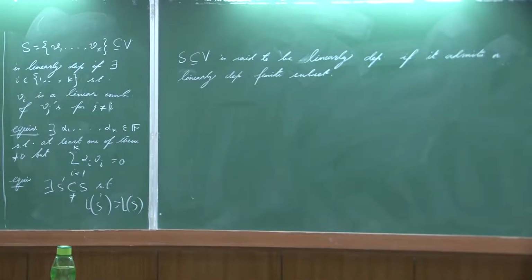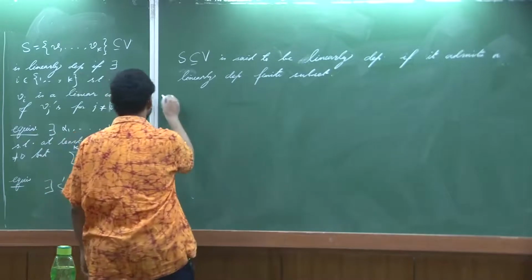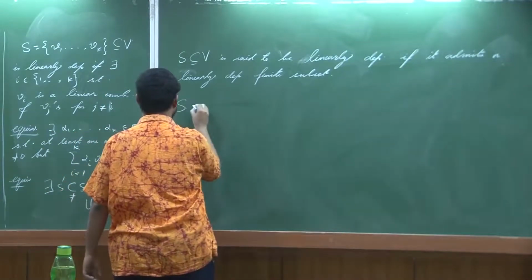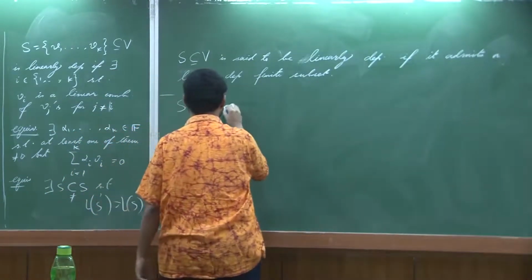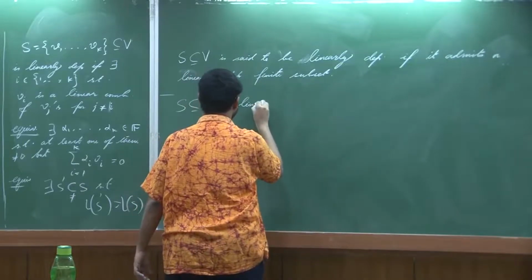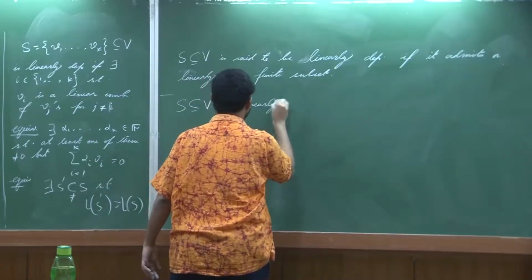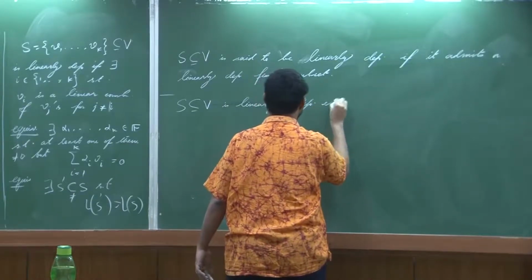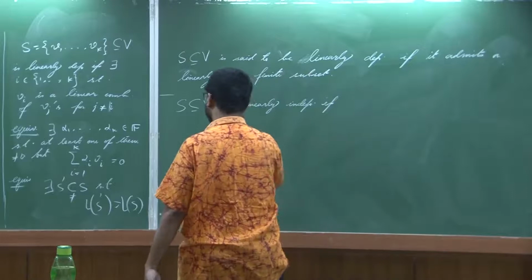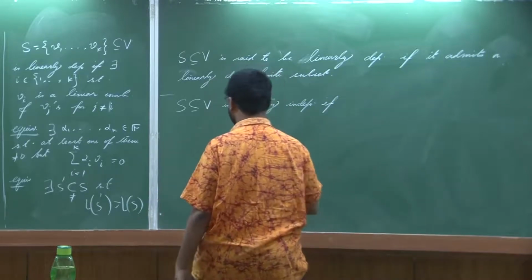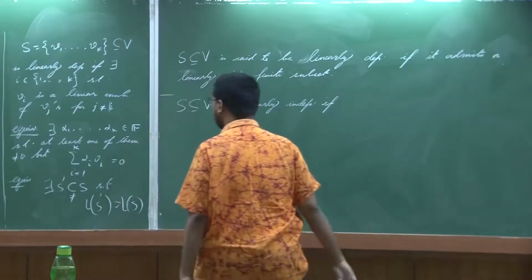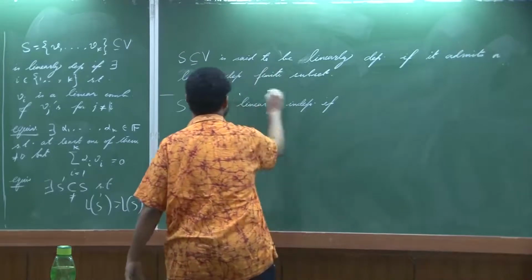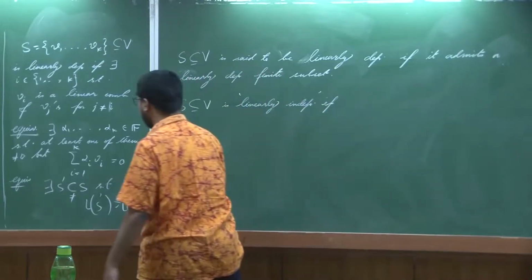So, S, an arbitrary set, is linearly independent if, again, linearly independent means not linearly dependent.